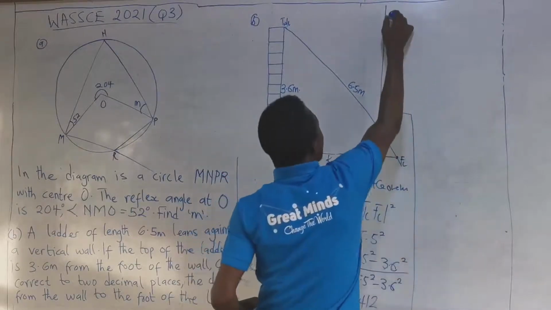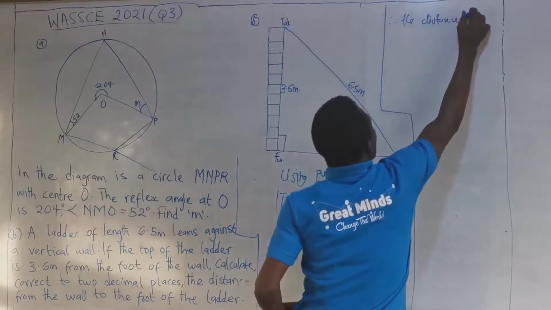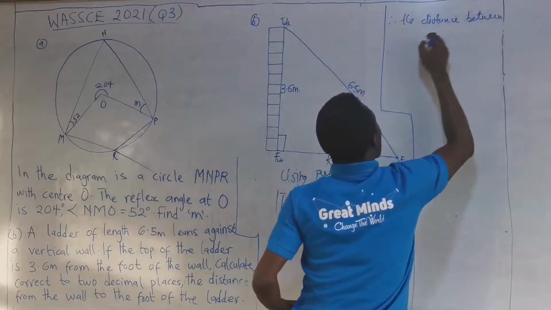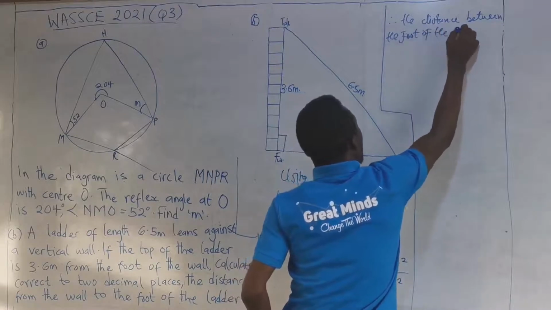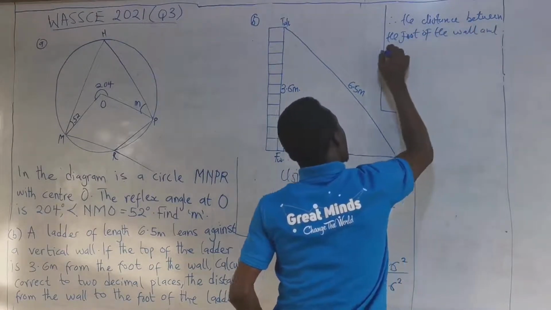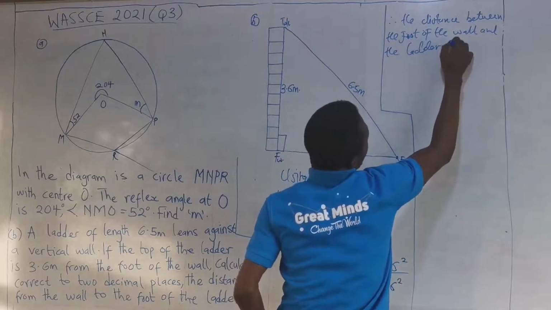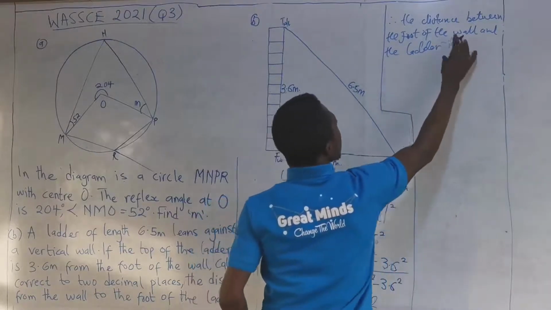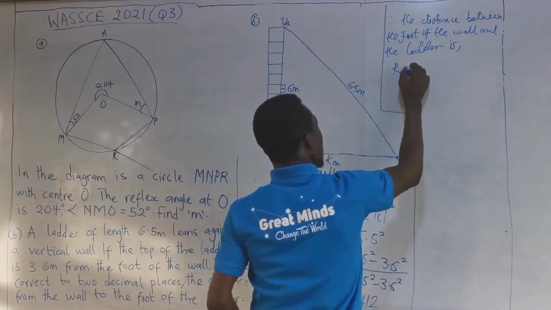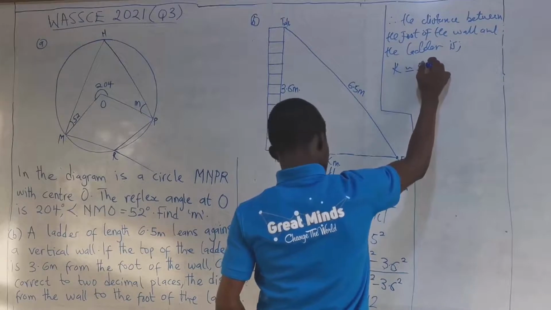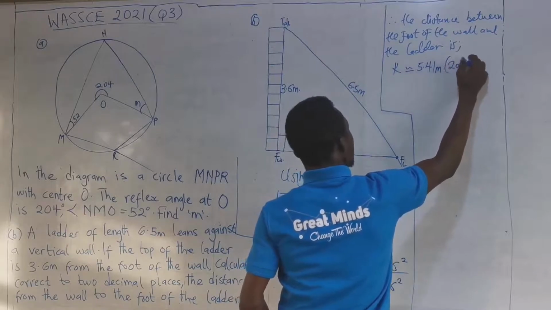So therefore we can say that the distance between the foot of the wall and the ladder is k, which should be equal to 5.41 meters, in 2 decimal places.